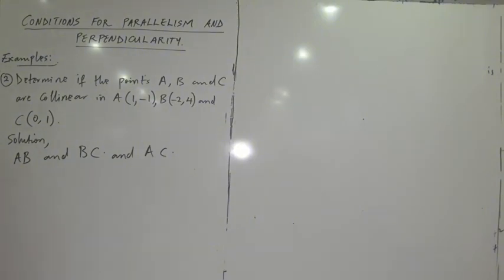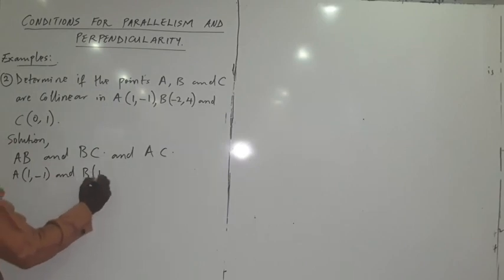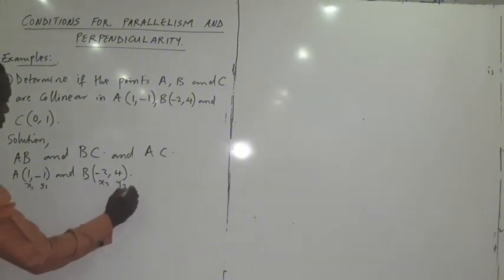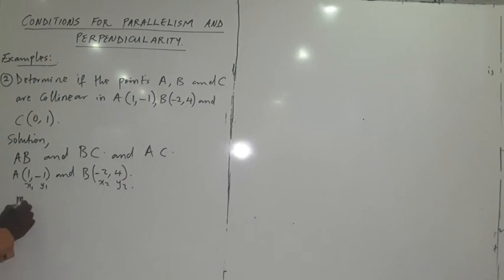So let's test for AB. The gradient of AB, so we have A of coordinate 1, comma minus 1 and B of coordinate minus 2, comma 4. So this is our x1, y1, x2, y2. So m1 will now be equal to y2 minus y1 all over x2 minus x1.